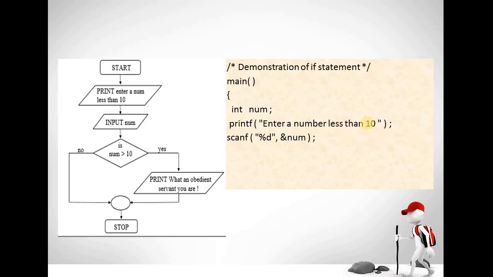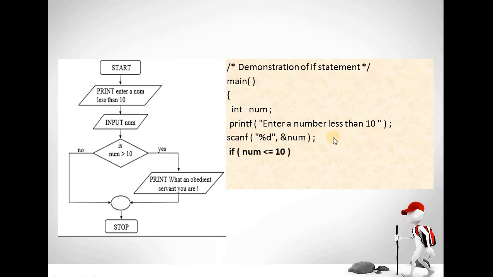Over here, number is of type integer, that's why we have used %d. And don't forget, whenever you use a scanf statement, there must be an address operator followed by your variable name in the second argument of the scanf statement.